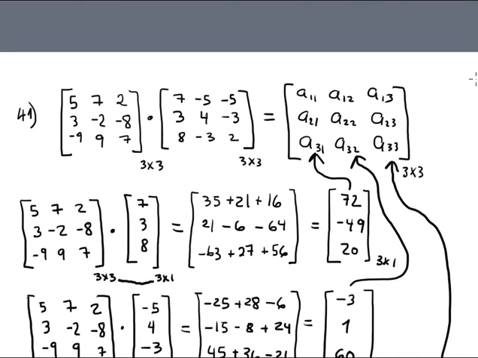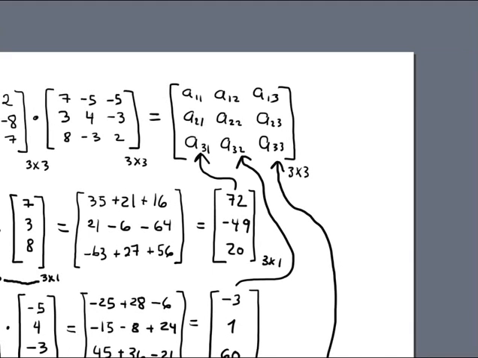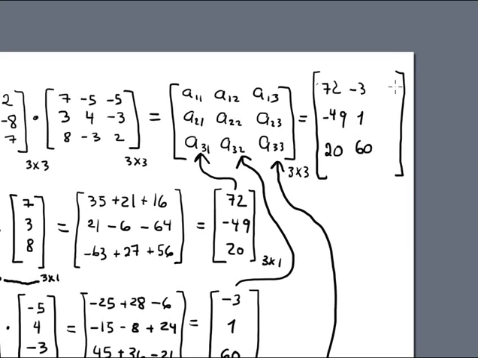Now the final answer, let me write here, the final answer is D. The 3 by 3 matrix is 72, minus 49, and 20, negative 3, 1, and 60, and finally negative 42, negative 25, and 32 positive.